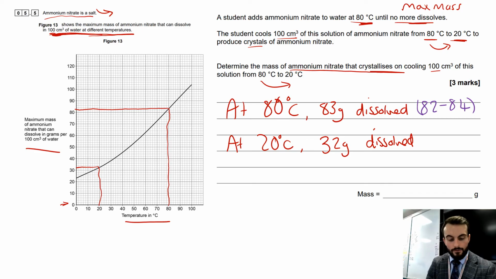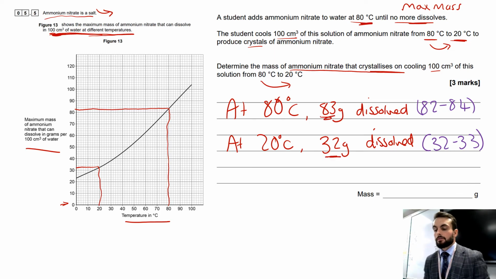You can have a range for that one. You are allowed either 32 or 33. And then what we need to do is work out how much crystallizes out when we cool it down, because not all of this 83 grams of the salt will be able to dissolve at 20 degrees Celsius. Only 32 will. So we need to figure out how much is left over that's going to crystallize. To do that, we just calculate the difference.